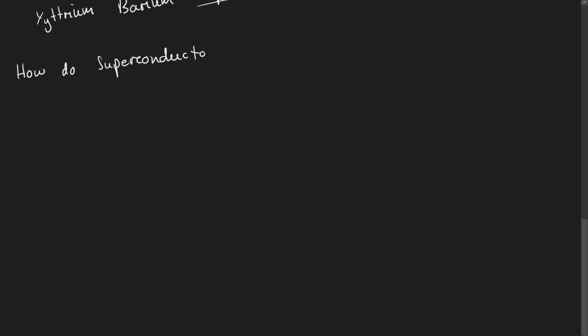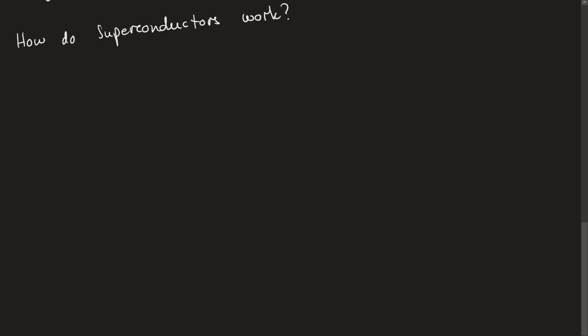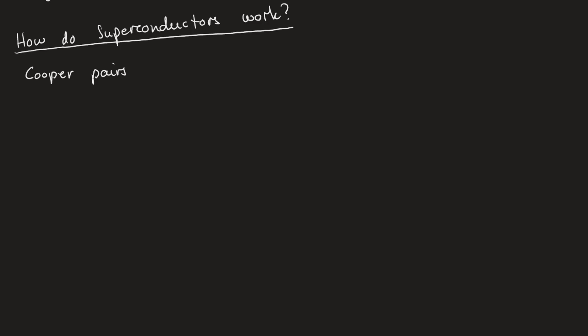Okay, this is quite a high level concept to try and wrap your head around, but I'll try and simplify it down to make it easy. So superconductors work by a phenomenon that we call Cooper pairs. Okay, so Cooper pairs are just two electrons that have kind of formed what appears to be a bond between them, but we'll see what actually happens.